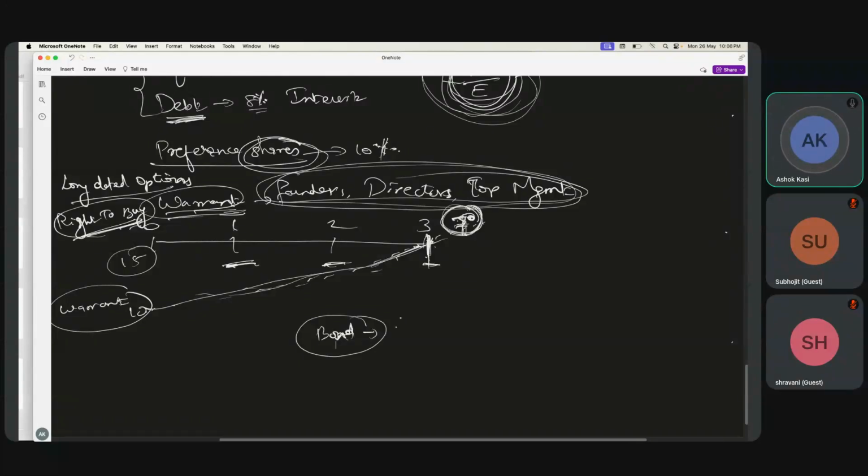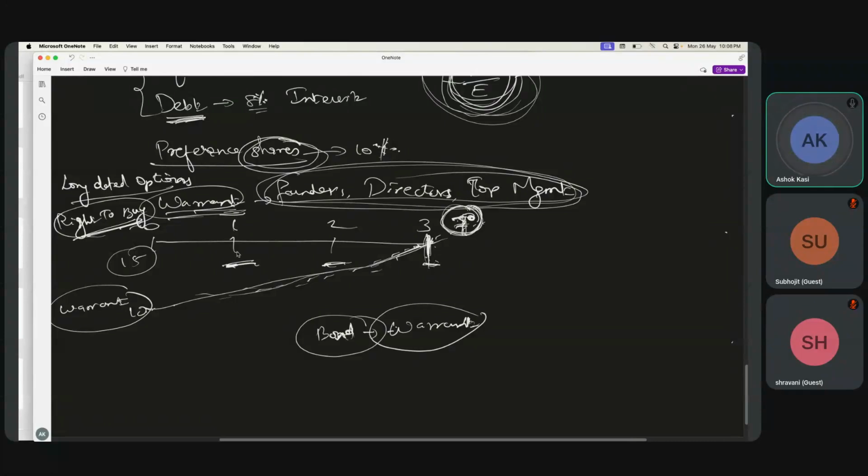You must have seen this kind of tricks that shop owners use, right? One for one free. Investors will like that also. Similarly here, along with the bond, I'm giving warrant free. That warrant will give you the right to buy shares after 3 years. This way also it can be used.